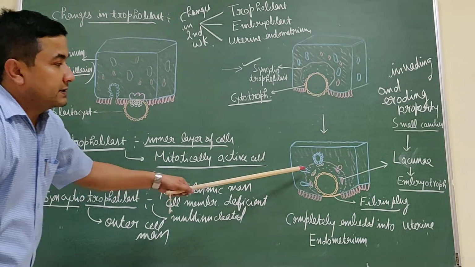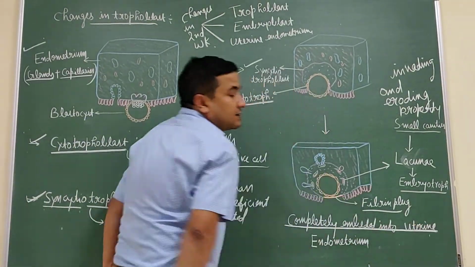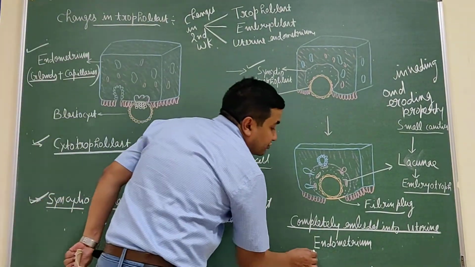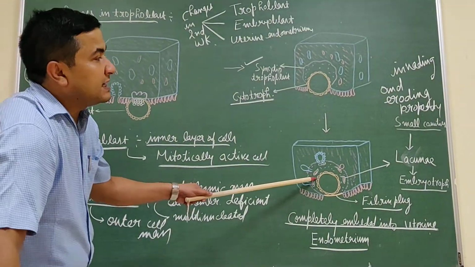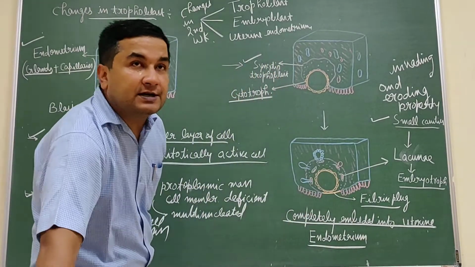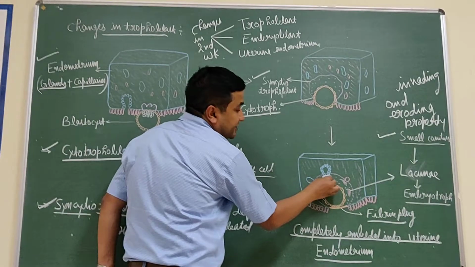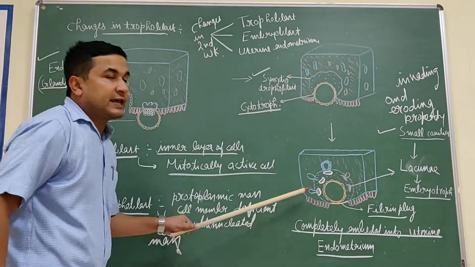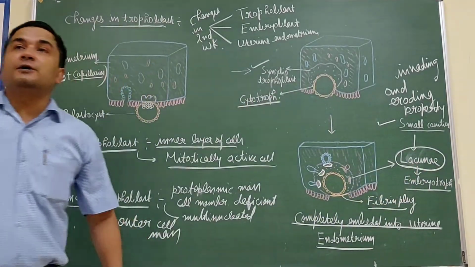Now, in the last, when the blastocyst is completely embedded into the uterine endometrium, now small cavities appear in this syncytiotrophoblast, small cavities, and these cavities are known as the lacunae.